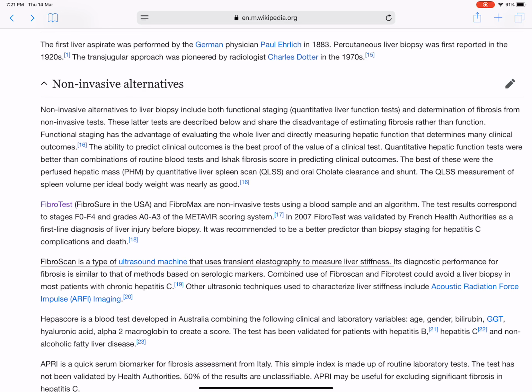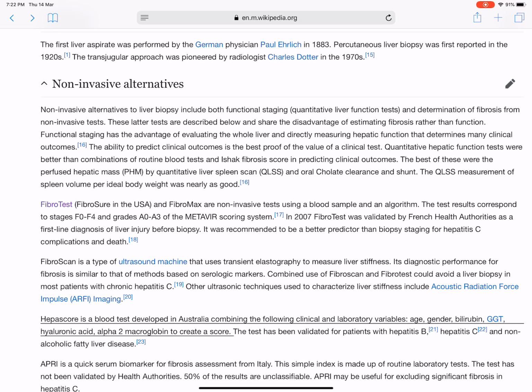FibroScan is a type of ultrasound machine that uses transient elastography to measure liver stiffness. Its diagnostic performance for fibrosis is similar to that of methods based on serologic markers. Combined use of FibroScan and FibroTest could avoid a liver biopsy in most patients with chronic hepatitis C. Other ultrasonic techniques used to characterize liver stiffness include acoustic radiation force impulse, ARFI imaging.